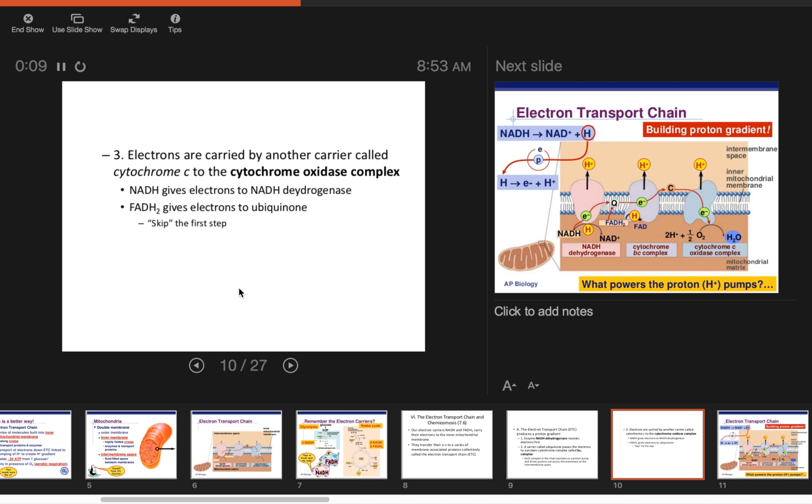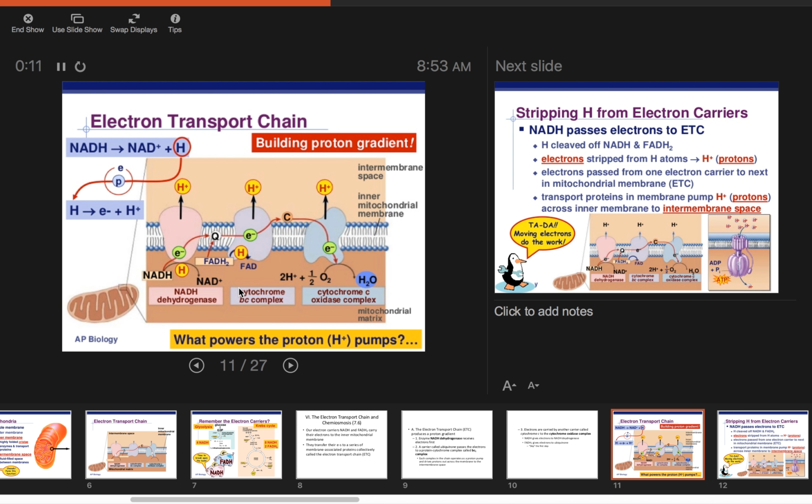So this is what it looks like, back to this cartoon diagram. NADH drops off the electrons, gets oxidized. These get shuttled back to the Krebs cycle and glycolysis. The electrons travel through the NADH dehydrogenase, pumping hydrogens across, and get picked up by ubiquinone. This is where the second electron carrier drops off its electrons. It also gets picked up by ubiquinone, so it bypasses this first protein.